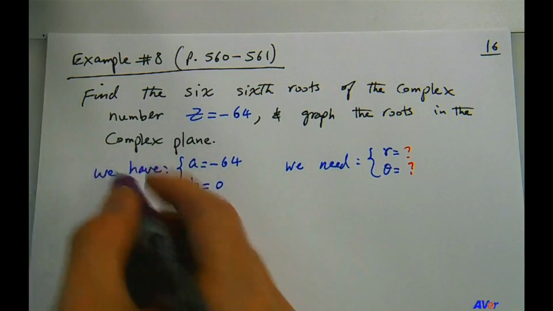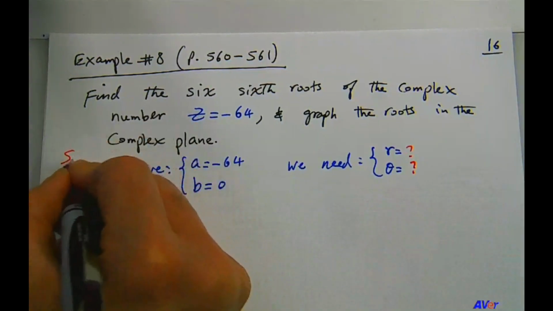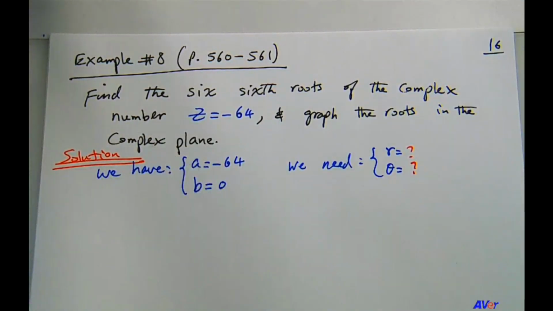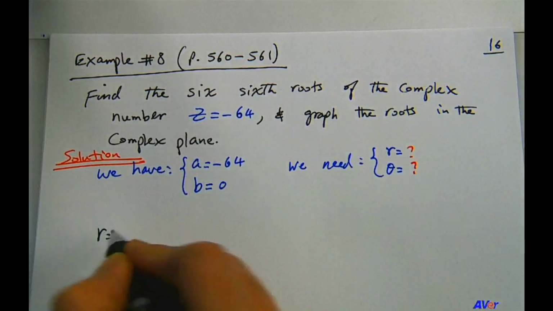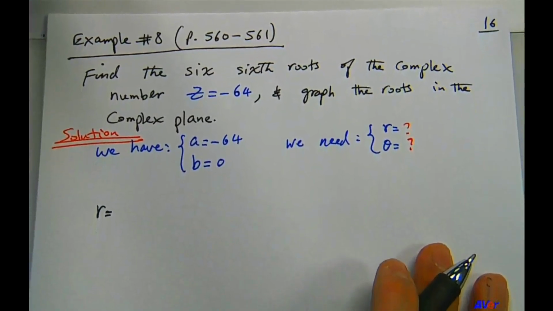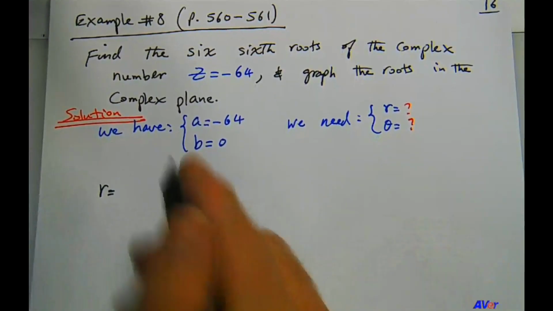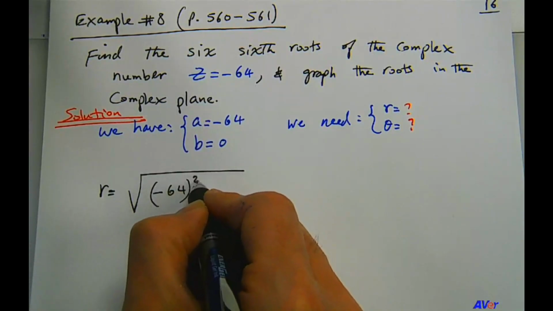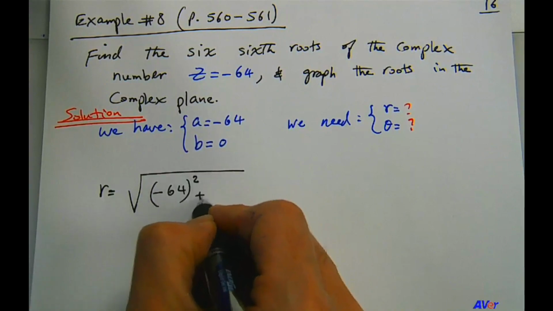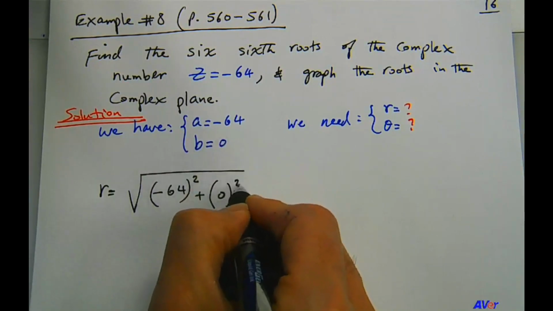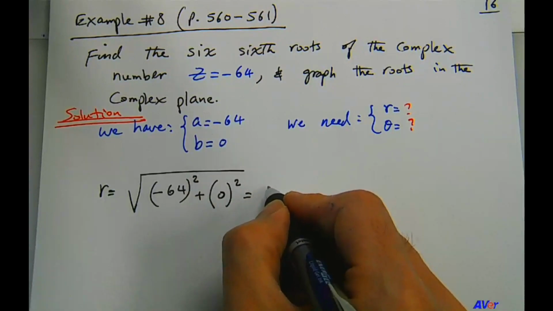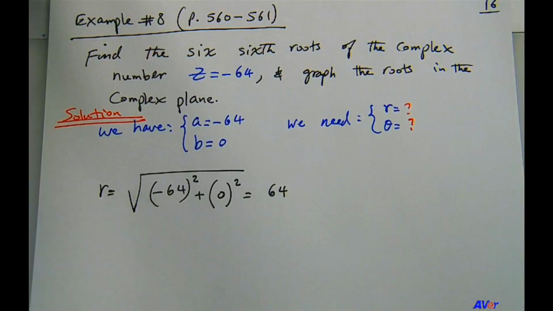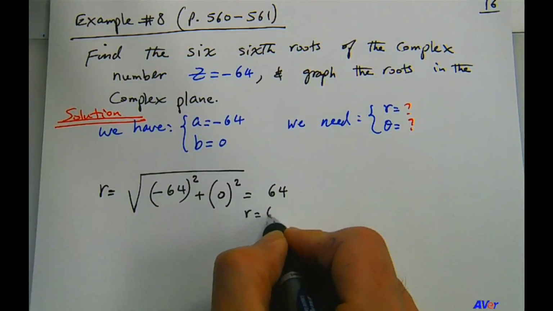R, or the modulus, as we called it last time, is the square root of negative 64 squared plus 0, or b squared. So what do we get? We get 64 again. Positive 64 is r. So r equals 64.